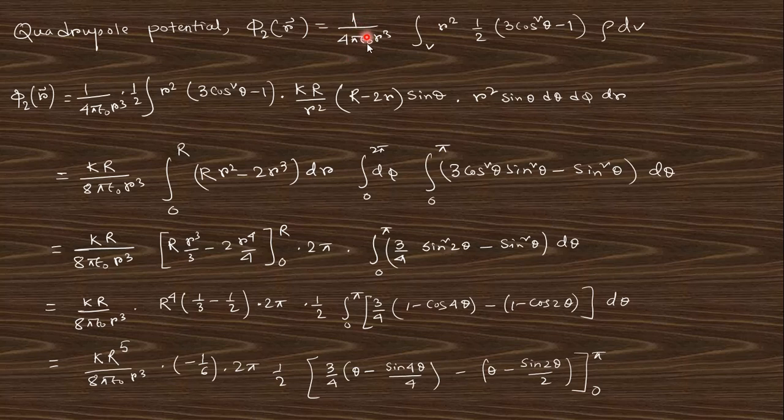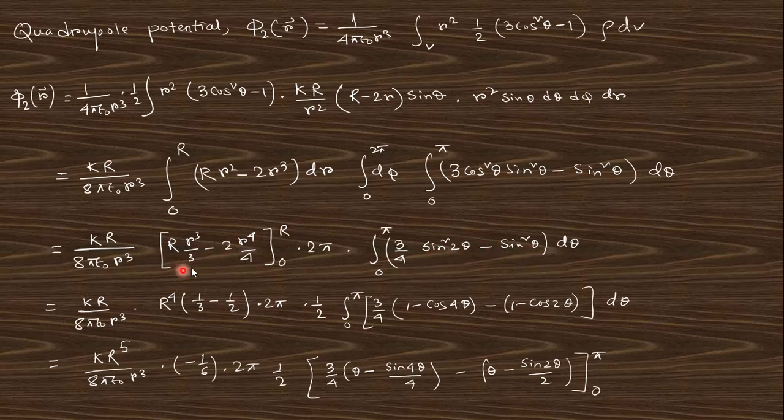This is the quadrupole moment formula, putting the value of r² times cos²θ, and this is ρ, and this is dv. Now integrating over r, you will get this expression, over φ this is 2π, and finally over θ, this is the expression.